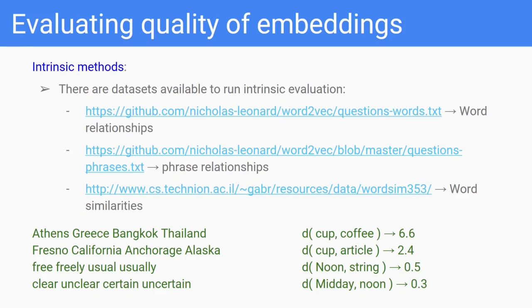And then people simply give values. For instance, when people were asked how close or how related cup and coffee are, people would say 6. But how close or how related are moon and string? They are very different words, so 0.5. And you have that, which is capturing the opinion of the people at that time for many different frequent words again.